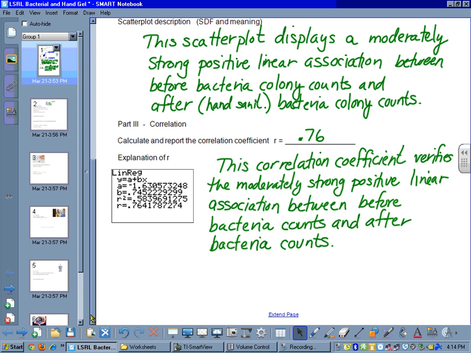So basically that's the same sentence I used to verify the scatter plot. And now I'm using it to explain what the r of 0.76 tells me.